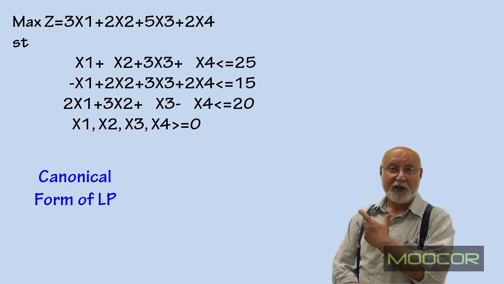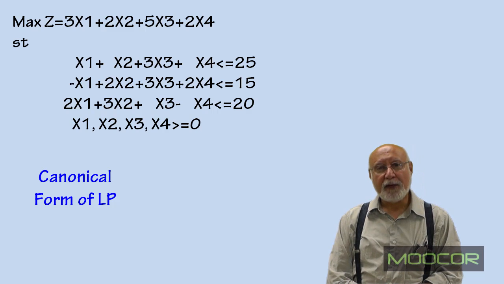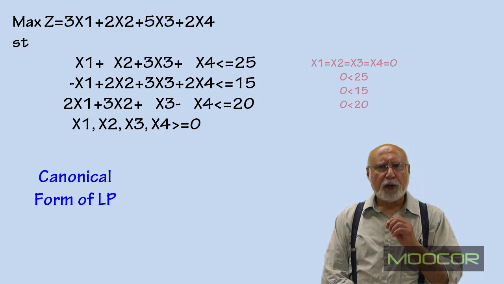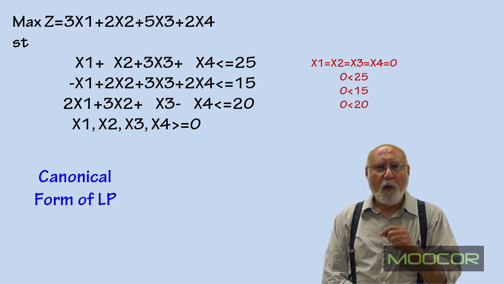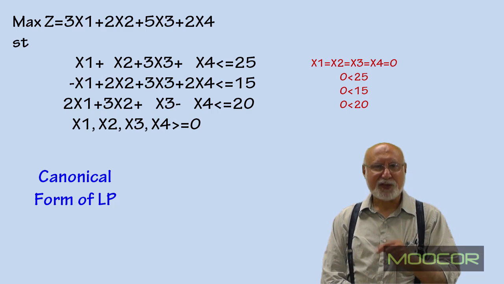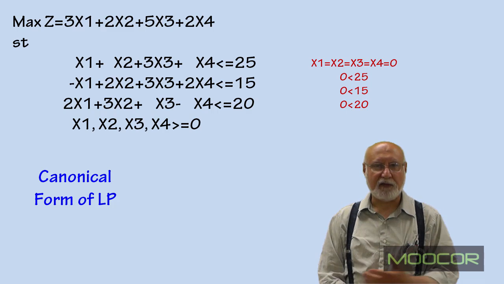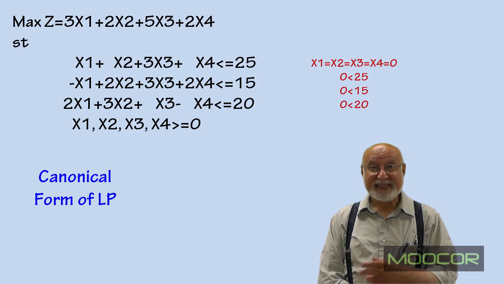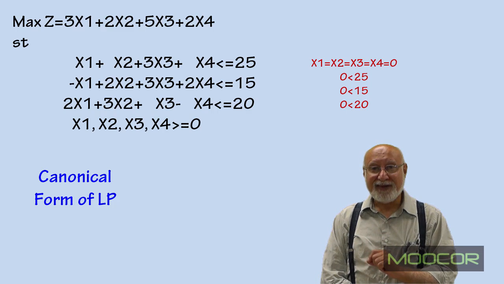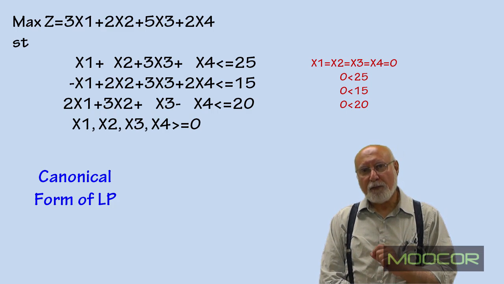The advantage of the canonical form is that the origin is always a feasible extreme point, which would give you immediately two advantages. One, because you have a feasible point, you have a feasible solution. Second, that point is an extreme point, a feasible extreme point.